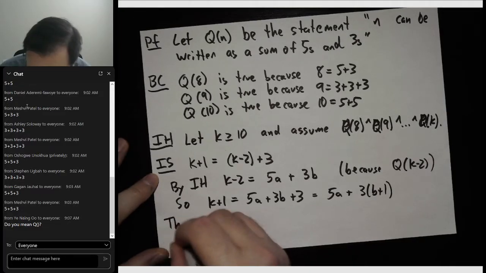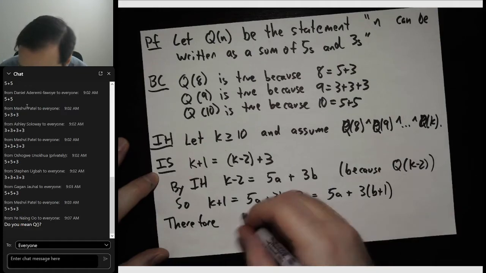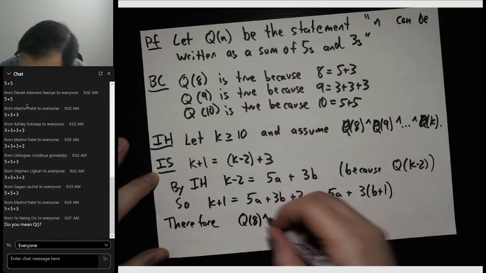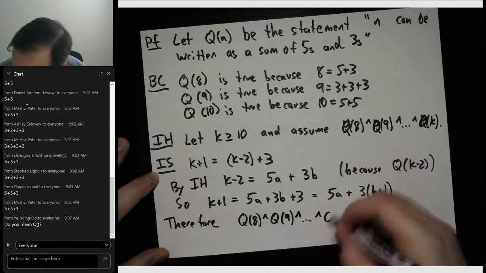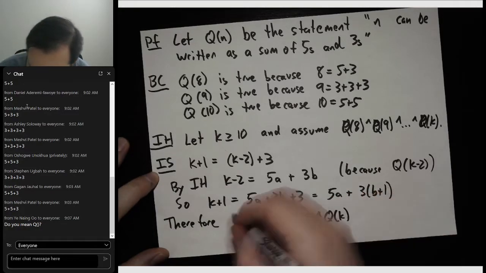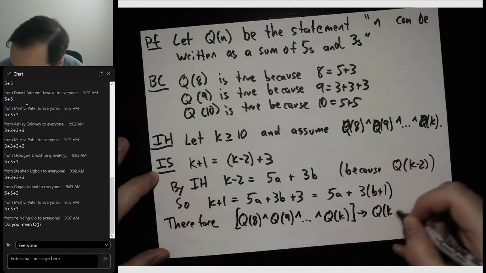So therefore, my induction hypothesis, Q of 8 and Q of 9 and all the way up to Q of k, imply Q of k plus 1.